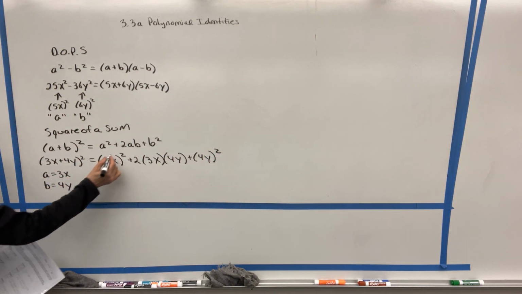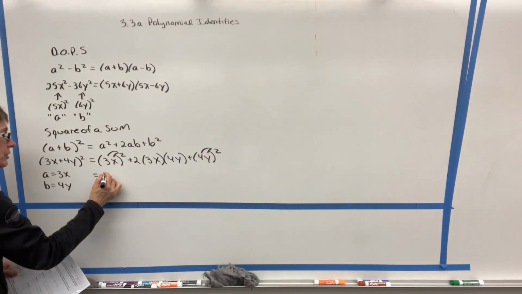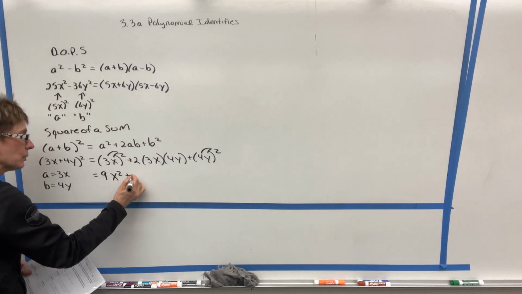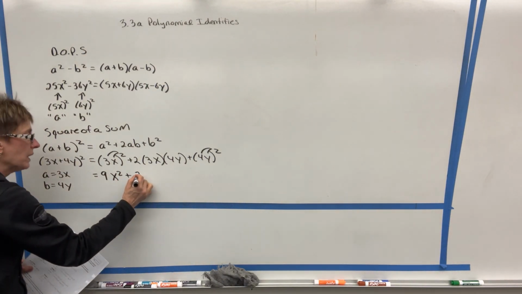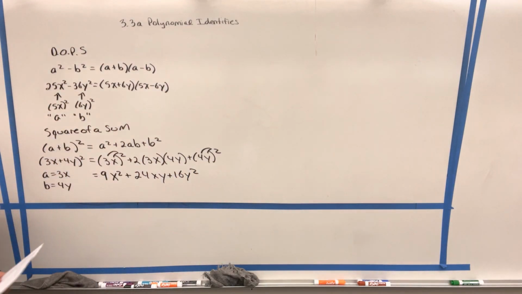I do have to remember when I'm squaring to apply that power to both terms. So this is going to be 9x squared plus 24xy plus 16y squared.